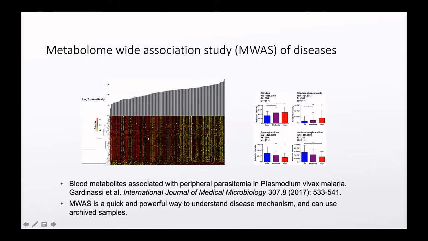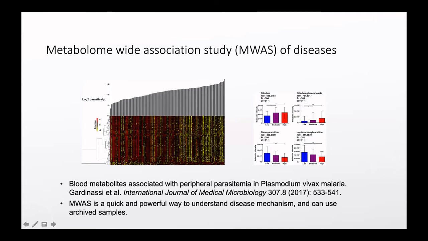So in this study, this is about 150 patients with malaria infection. Each column is one patient. Since we can use archived samples from a freezer, as long as you locate the plasma samples, metabolomics analysis takes a few weeks, and then you get the result. Here we are looking at the association between metabolites and the parasite load in the patients.